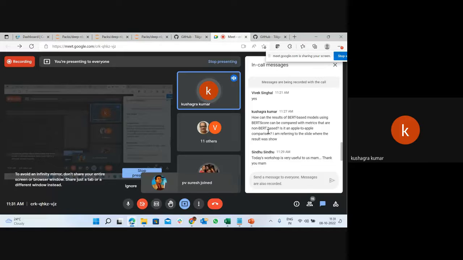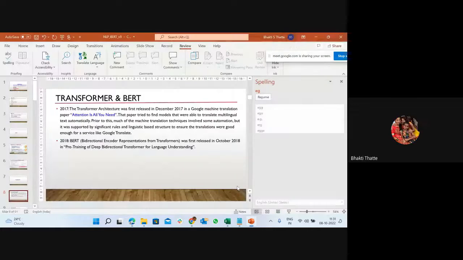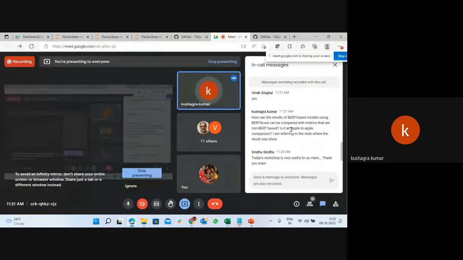So how can two different kinds of metrics, made for two different kinds of architecture or model, one being the predecessor and the other the next generation, be compared, so we can conclude in a scientific or research way that this one is better than this one? Unless we have a metric that applies to the same kind of architecture, BERT being one example, we can say these two metrics apply on the same architecture, but this one is better in terms of explainability or any other parameter. Bhakti, go back to that slide where you did the comparison.